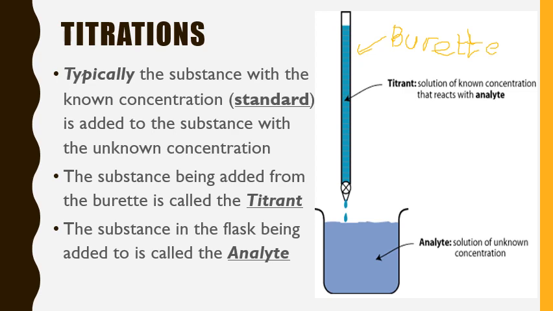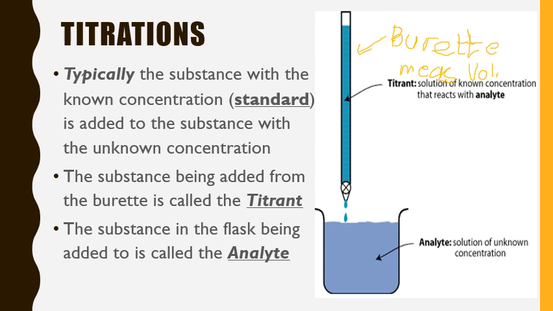Remember with a burette, we measure, I'm not going to write the whole word, measure. We use that to measure volume. I'm going to put vol, because again, struggling. That's what we do with that piece of equipment. We measure the volume of something.